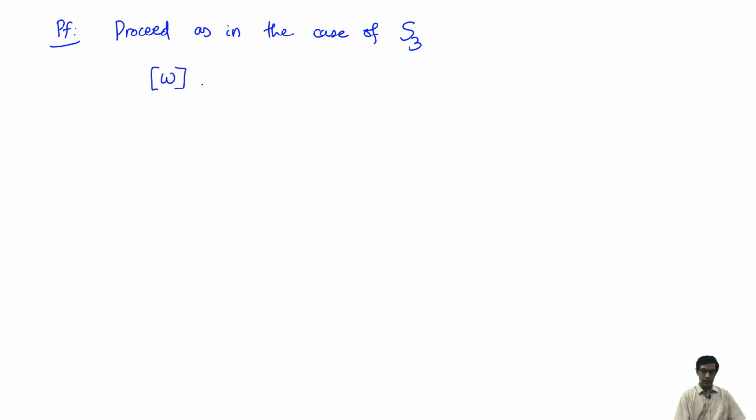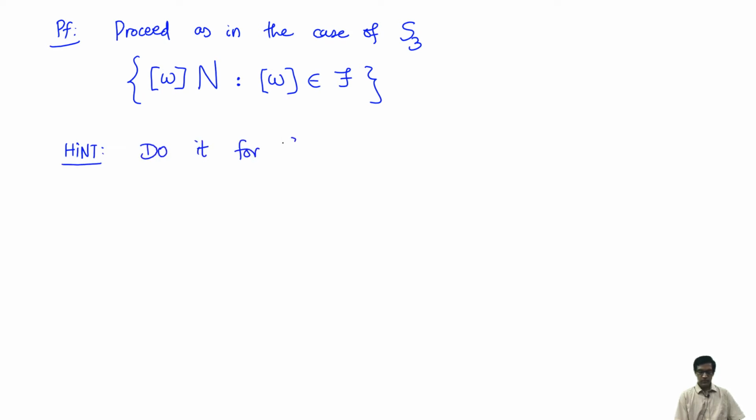Look at Wn and write out what are all the possible cosets. W is a word, any element of the free group, and now you will have to count the cosets and show that there can be at most n factorial of them. So the hint is first do it for S4, and that will tell you how to do the general case.